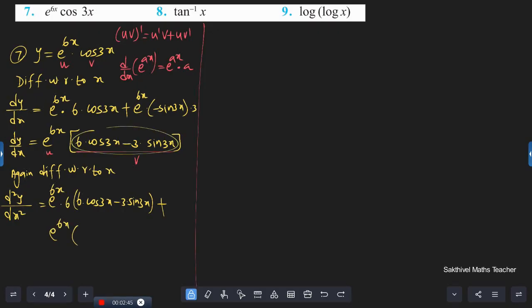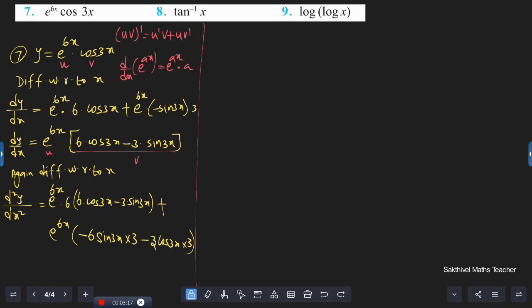Now inside the bracket you have to differentiate. The cos derivative is minus sin, so minus 6 sin 3x, into 3 when you differentiate 3x. Then minus 3, sin derivative is cos, so cos 3x into 3.